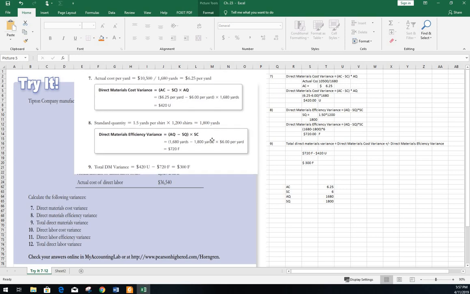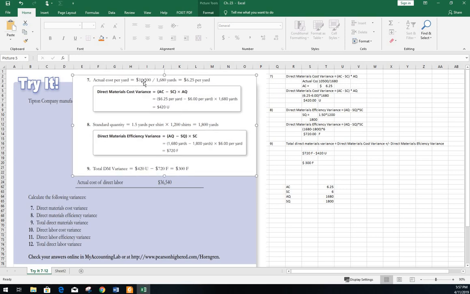For number 7, it says actual cost per yard: 10,500 divided by 1680, and that's what we did, and we got 6.25. We took 6.25 minus $6, multiplied that times 1680, and we got 420 unfavorable. For number 8, we took the 1.5 yards per shirt and multiplied that times the number of shirts to find the standard quantity, and we got 1,800 yards.